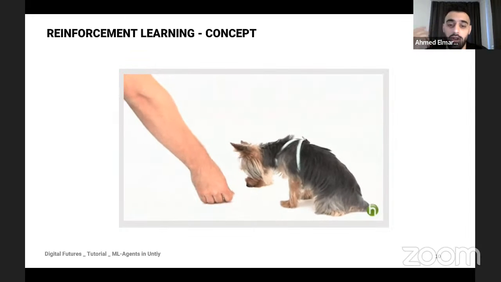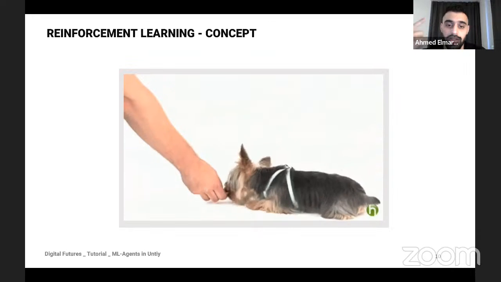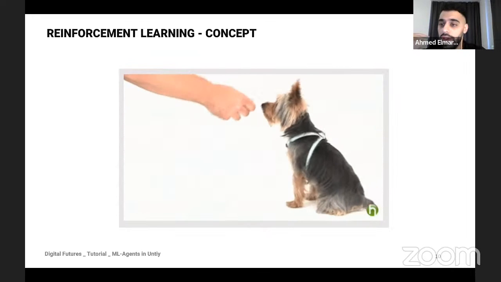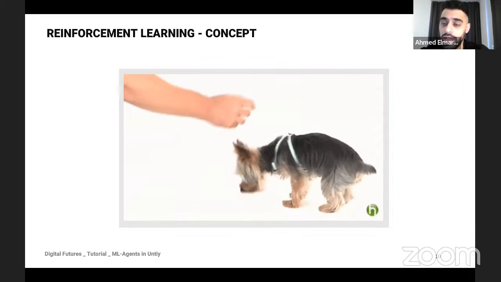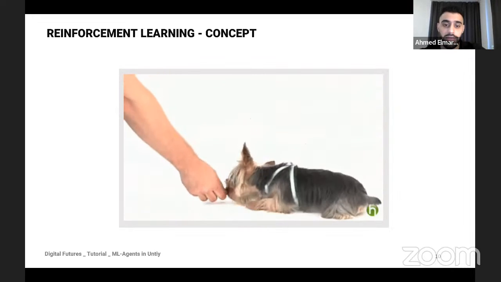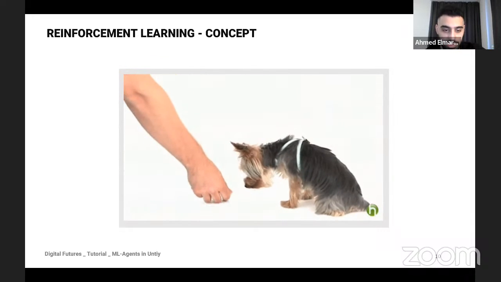Our minds also work in this way: they try to connect this reward with the action that you have done. By this way you start learning, and this applies to animals, to us, and to agents as well, like computers.